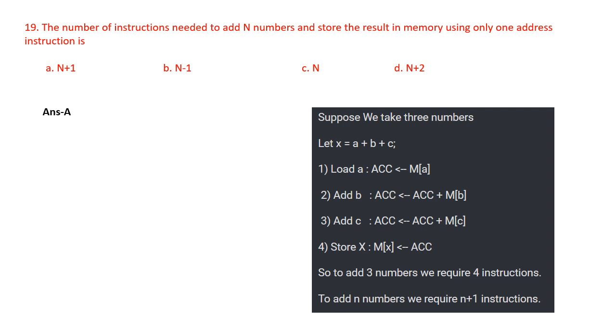First we load a into the accumulator, and then we add b, and then we add c, and then we move it back into the stored location. So here we can see four instructions would be needed for three numbers. So we can say that n plus 1 will be the number of instructions needed. So yeah, A is the actual answer for this question. Now we will move to the next question.